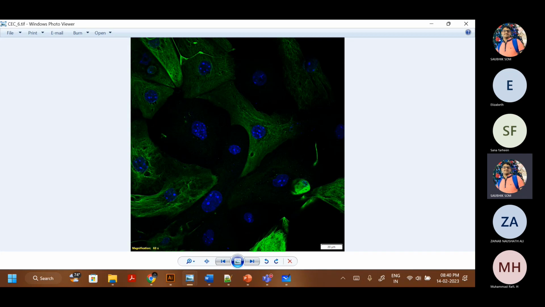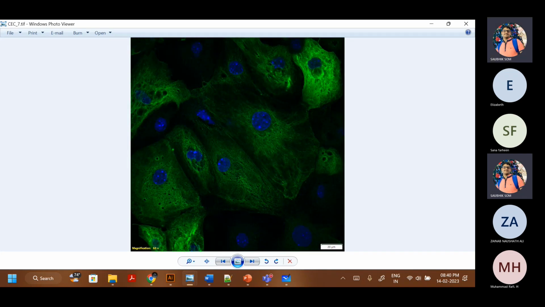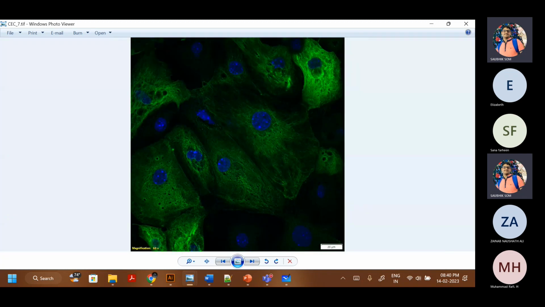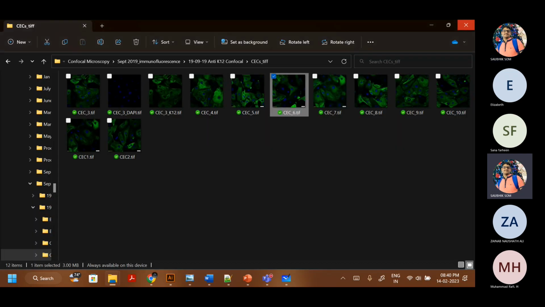See, this is a fluorescent image. Here, what I have done is tagged an intermediate filament protein, a cytoskeletal protein, with green, and this is my nucleus stained with DAPI. DAPI goes and binds with the DNA. So this is how the fluorescence looks under the microscope, and when you take the images, this is how the fluorescent cells look.